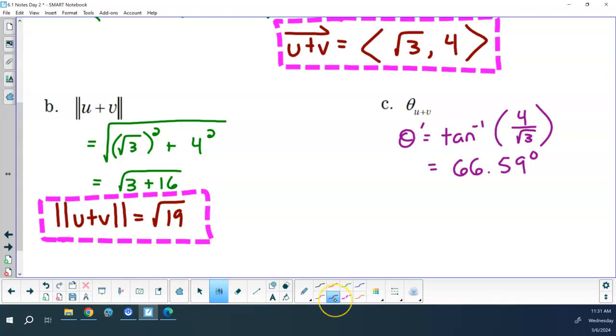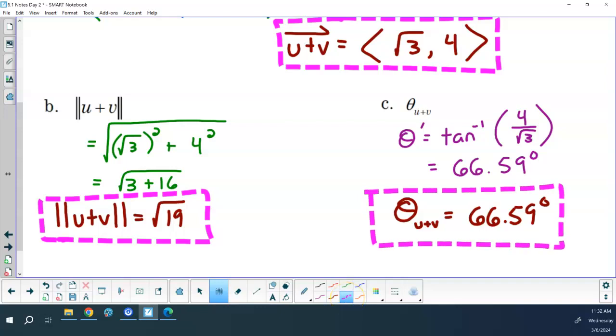Since it's in quadrant number 1, my reference angle is my actual angle. So theta of u plus v is 66.59 degrees. Questions, comments, concerns, clarifications?